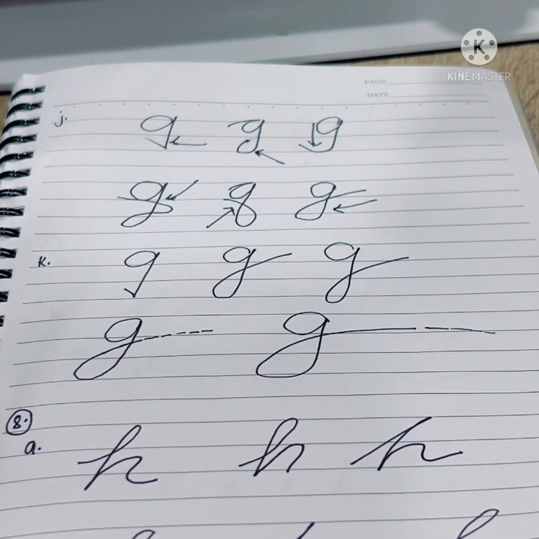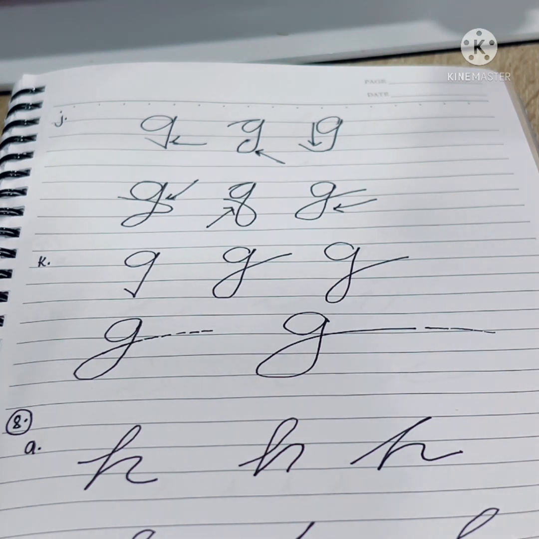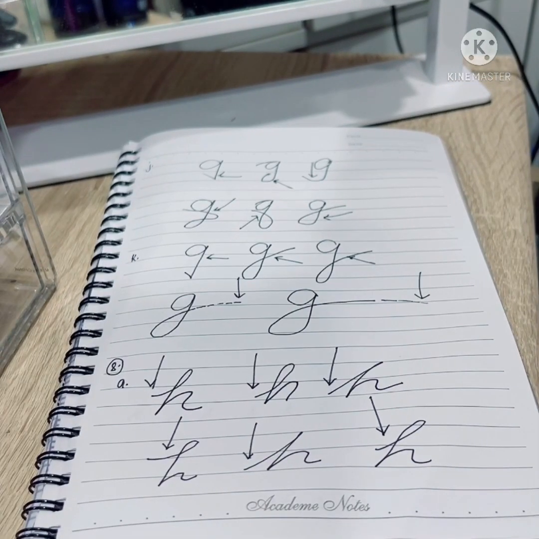K. Is the loop simplified to a single downstroke? If so, note comparatively the length of stroke. Number 8. Examination of small letter h.